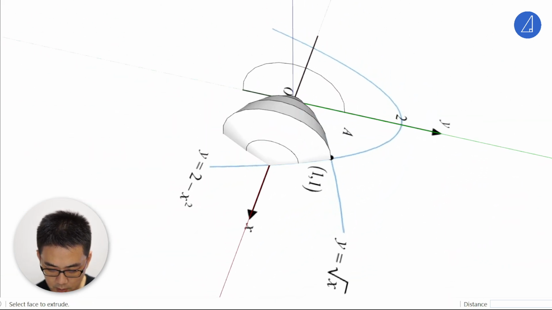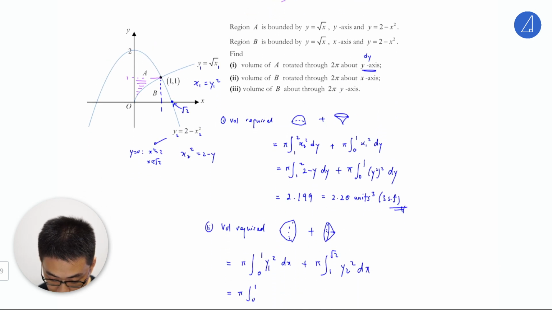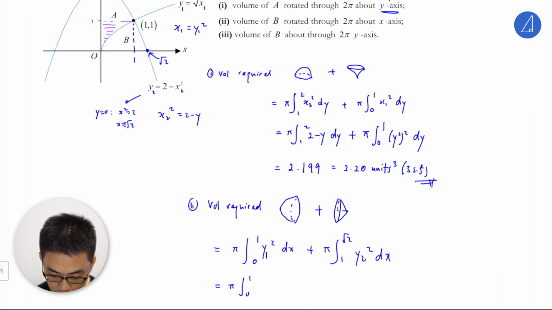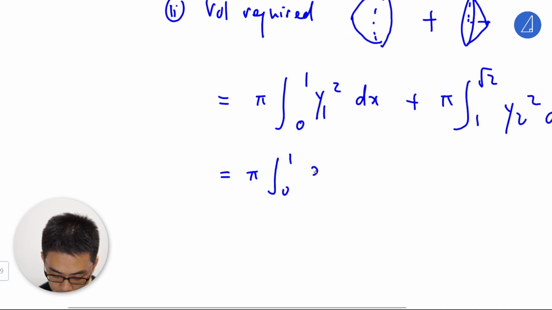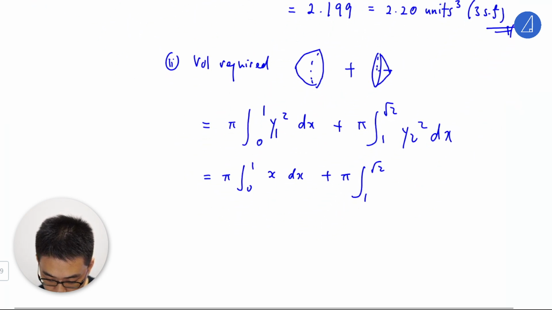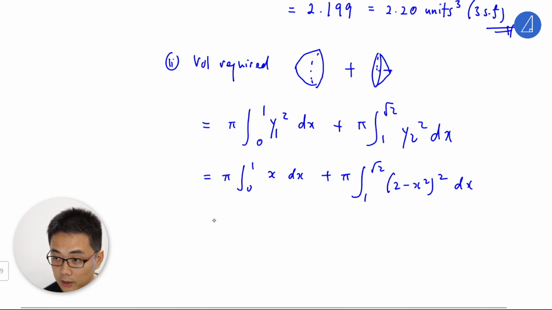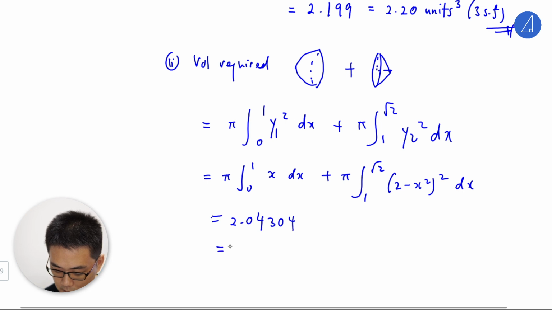So just key this in: y1 squared is x, y2 squared. Key in the calculator. There you go.